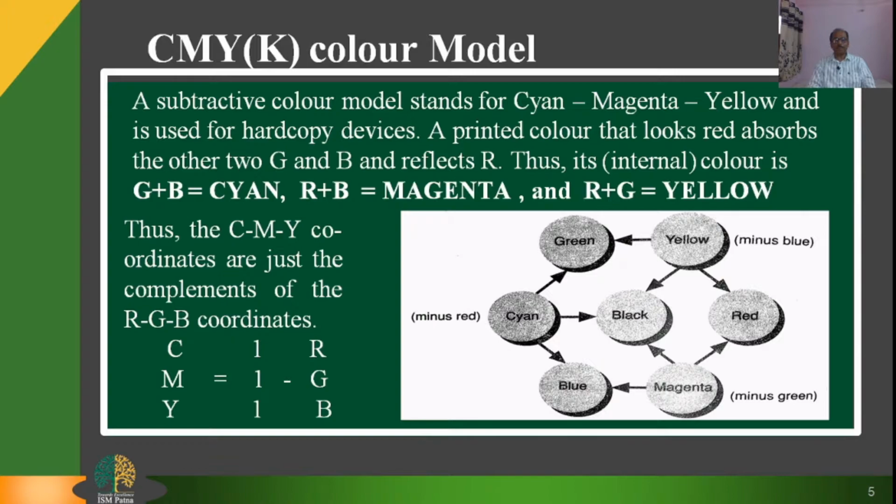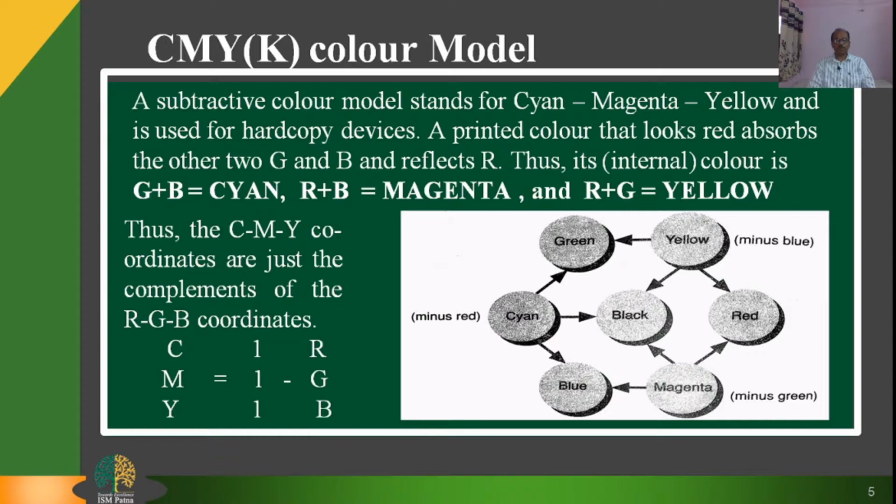A printed color that looks red absorbs the other two components, green and blue, and reflects red. Thus its internal color is green plus blue equals cyan, red plus blue equals magenta, red plus green equals yellow. Thus the CMYK coordinates are just the complements of the RGB coordinates.